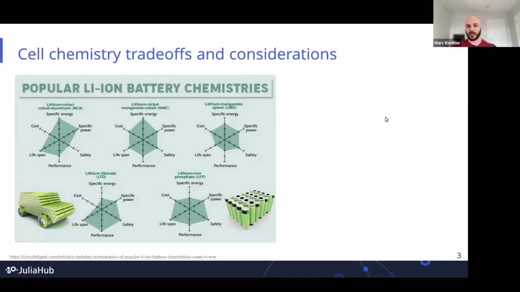So in the world of lithium-ion batteries, there are many potential options that are available to use. You often see these kinds of spider charts, which have a different matrix of different considerations that you might have for various chemistries. So some things like the cost or the lifetime or how much specific energy they have are really important for different applications. But something that's missing from these kinds of high-level overviews of battery chemistries is really the specific application that you're looking at.